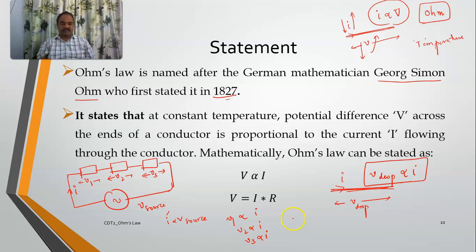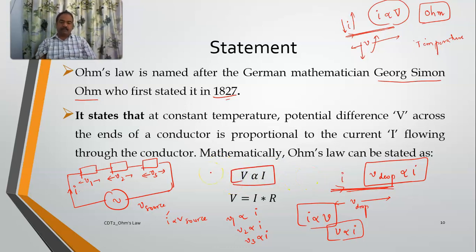So in either case, I is proportional to V or V is proportional to I. Okay. So if I consider V is proportional to I, then the equality constant, I am stating it as R. And this R is called resistance.